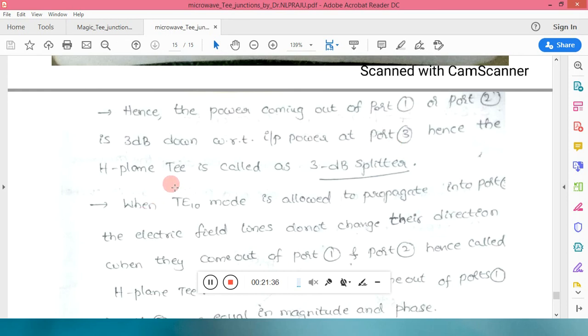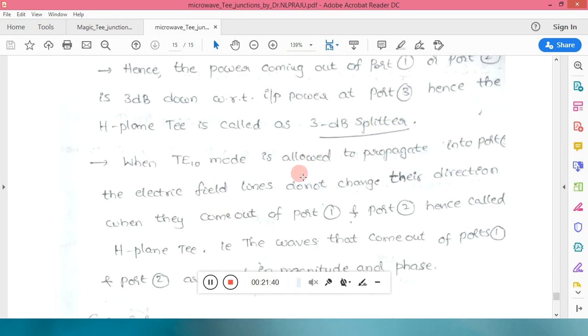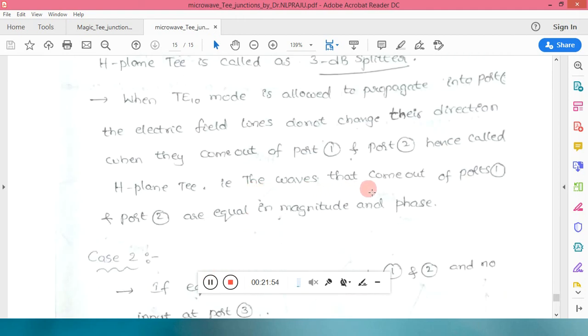Hence the H-plane T is also called a 3 dB splitter. When the TE mode is allowed to propagate into port 3, the electric field lines do not change direction when they come out of port 1 and port 2. Therefore it is also called the H-plane T. The waves that come out from port 1 and port 2 are of equal magnitude and in phase.